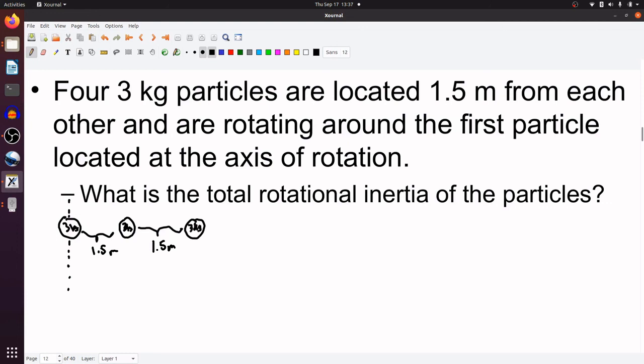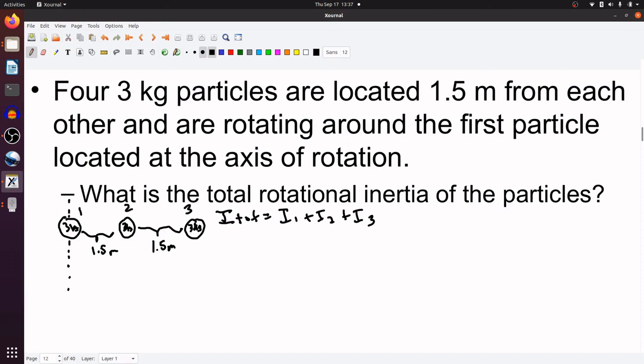I do this problem because the rotational inertias of objects add up. So you're going to want to know the total rotational inertia, I total, and that's going to be I1 plus I2 plus I3, and this is 1, 2, and 3.